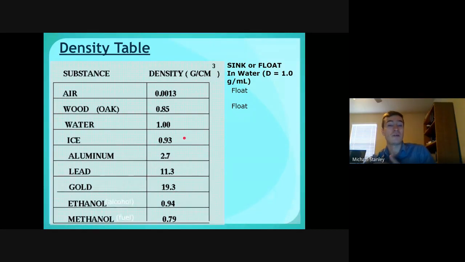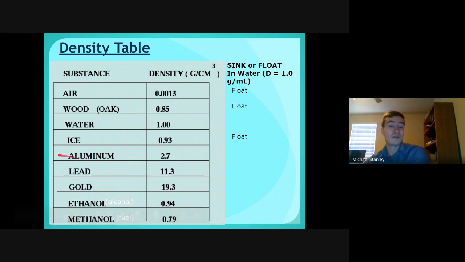I was just talking about how ice is slightly less dense than liquid water. So 0.93 and 1 are really close in terms of density, but 0.93 is still smaller than 1. So ice is going to float when you mix it in with water.